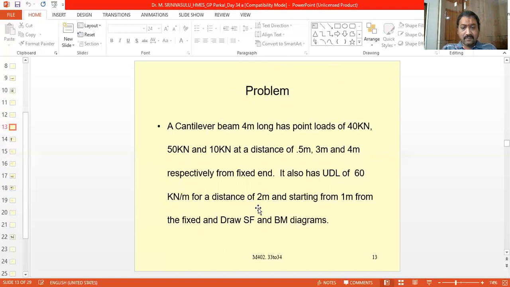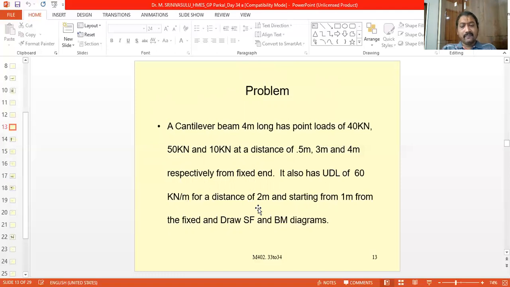It also has a UDL, that is a uniformly distributed load of 60 kN per meter for a distance of 2 meters, and starting from 1 meter from the fixed end, draw the SF and BM diagrams.